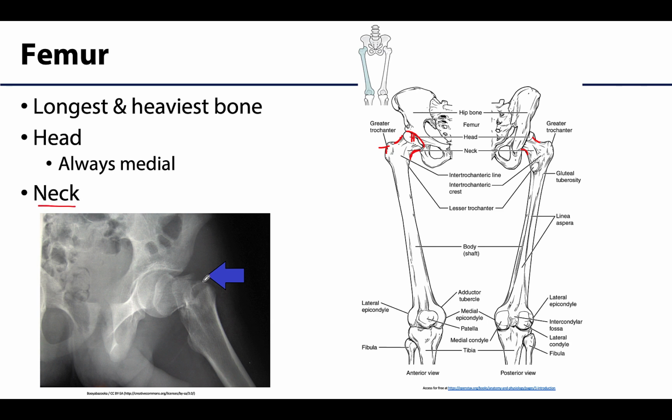So that neck fracture right here that you can see on this radiograph. Oftentimes when you hear the term a fractured hip, in fact, what they're actually referring to is not a fracture of the coxal bone, but instead a fracture to the neck of the femur. So in essence, a fracture to the hip joint region, but specifically the neck.